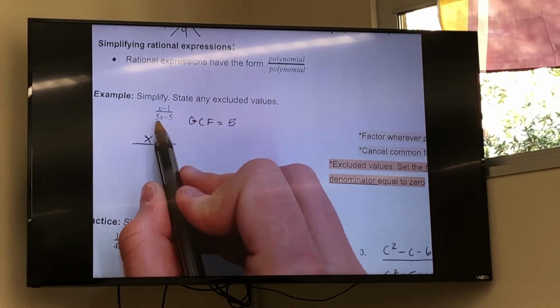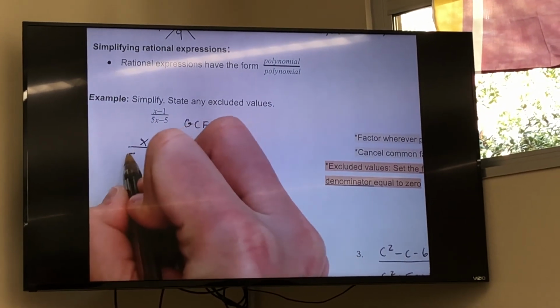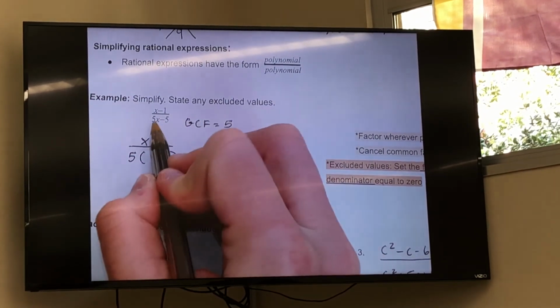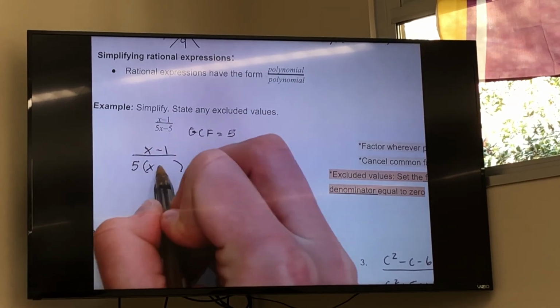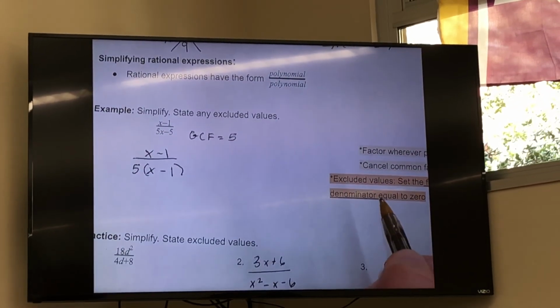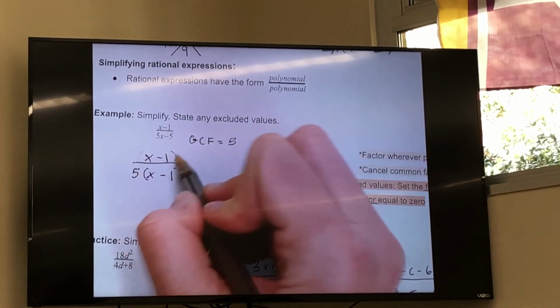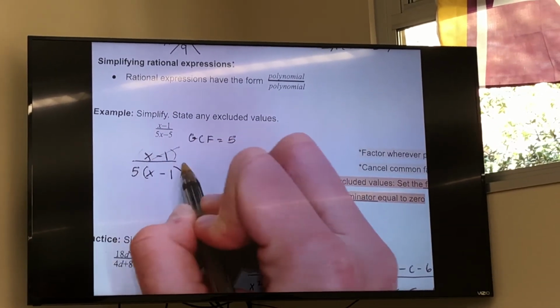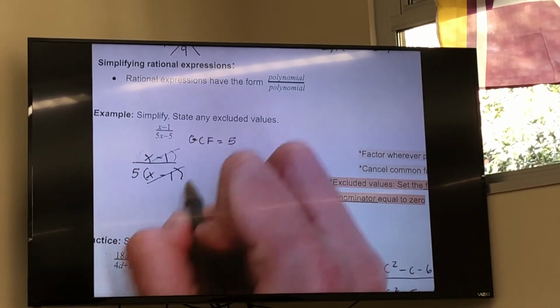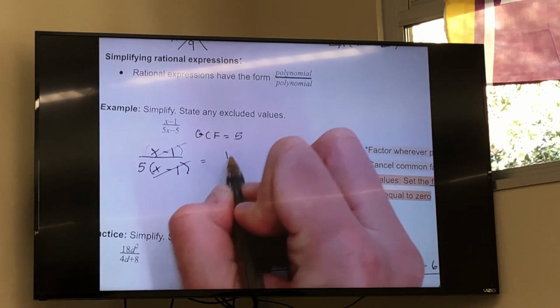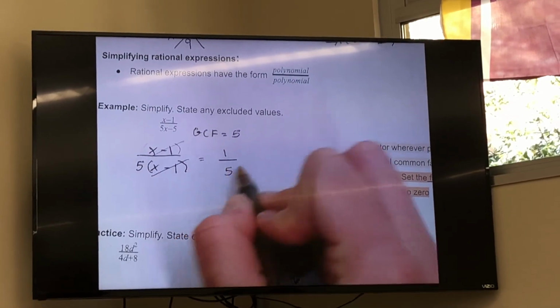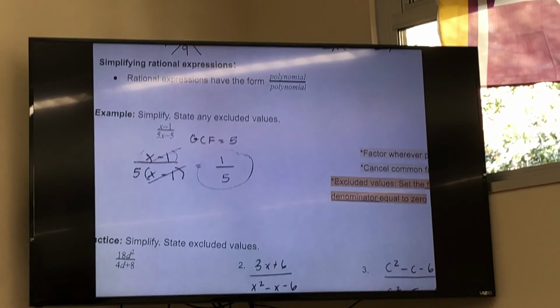On the bottom, taking out a 5, I would be left with x here and a minus 1. Check this out. We have an x minus 1 and an x minus 1. Boom, they cancel. But don't forget, I'm still left with a 1 on top and a 5 on the bottom. So that's what your answer for that situation looks like.